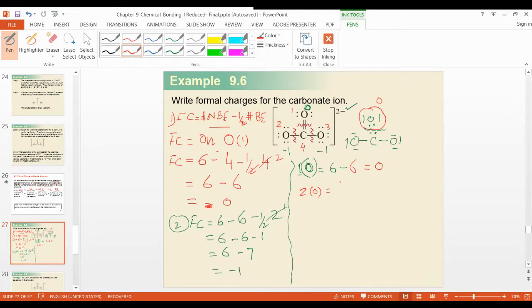Now oxygen 2. Again, valence electron is 6. If you break down this, one electron is going to the oxygen, one electron is going to the carbon, right? So oxygen has total electrons 7.